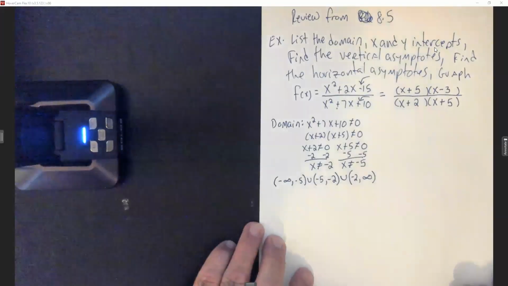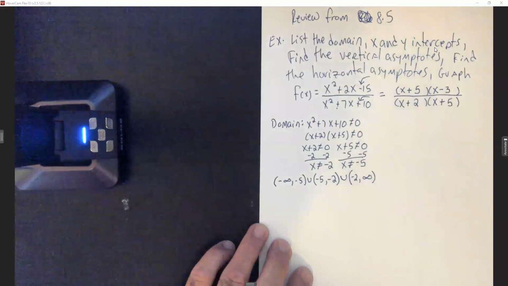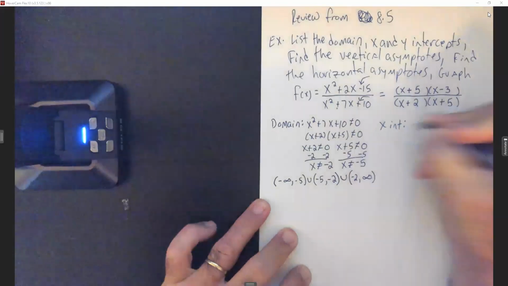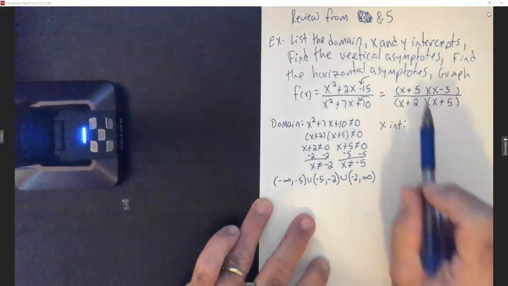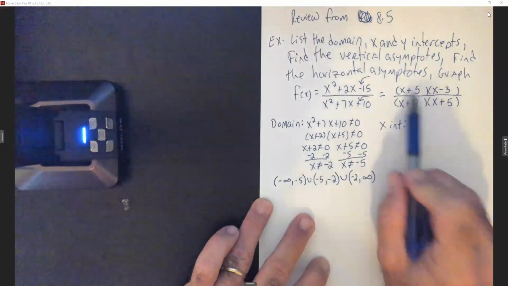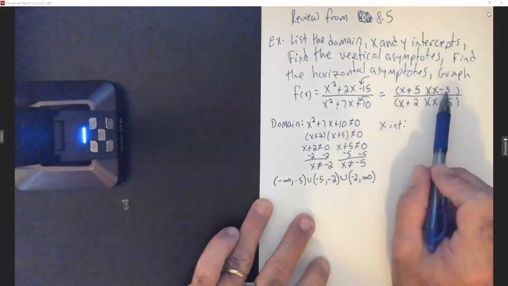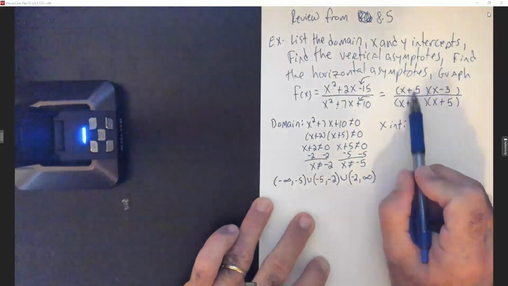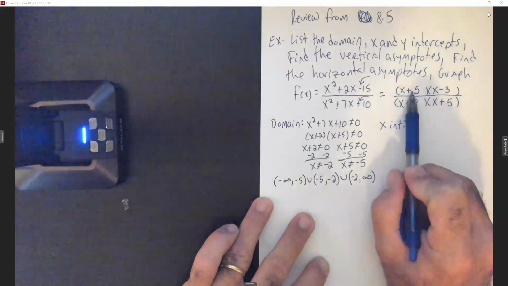All right, let's see what was next. It wanted me to find x and y intercepts. So to find the x-intercept, you would take that top and set it equal to 0. But one thing you got to watch for on the x-intercept, you see this factor of x plus 5 up here?